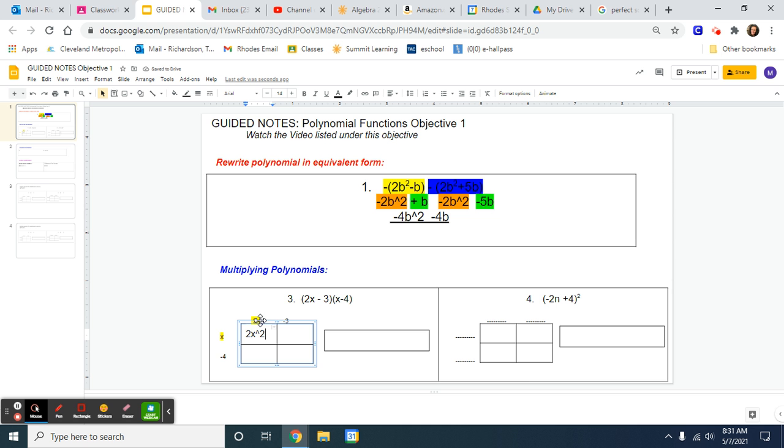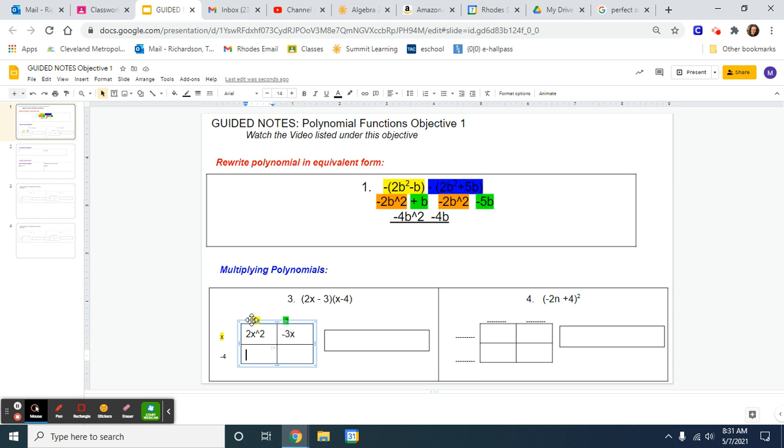There's one 2 out front. There's two x's. That becomes x squared. Okay? Next, if I want to fill out this box, now I'm going to look at my x because that lines up. But now I'm going to be looking at my negative 3. So what is negative 3 times x? That's pretty easy, right? It's a negative 3x.